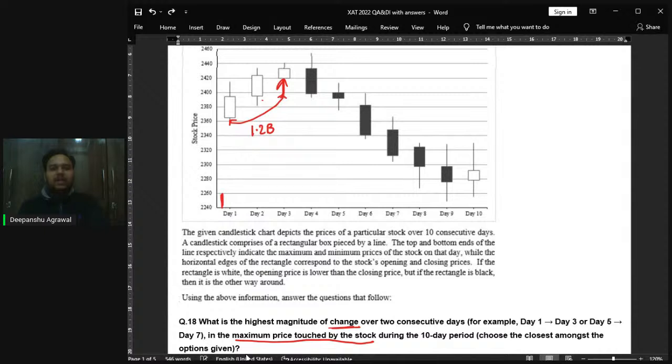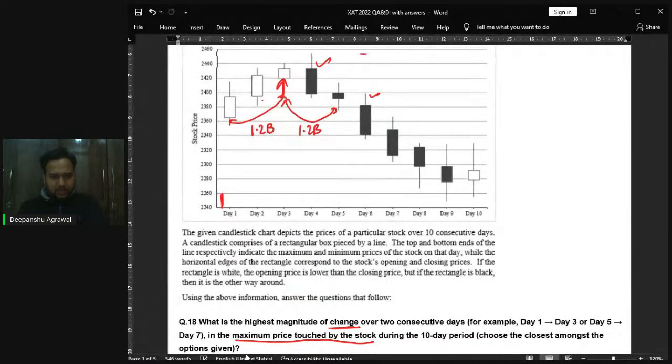Now take the change from third to fifth. Third to fifth is a difference of 1.2 bar, so this also has to be taken into consideration. These two have a change of 1.2 bar. Now let's compare this one and this one.